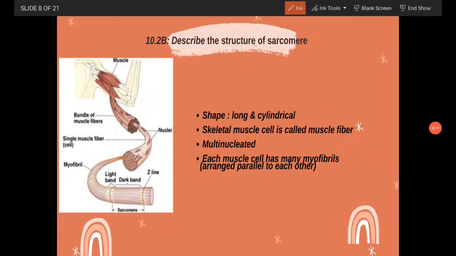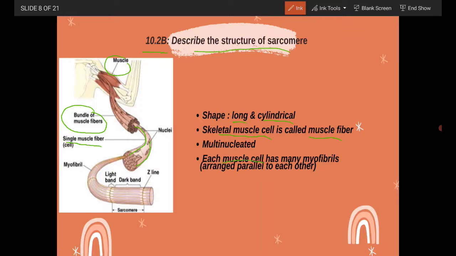The next one is 10.2b, which is describe the structure of sarcomere. So our muscle is long and cylindrical in shape. The skeletal muscle cells are called muscle fiber. So this is bundle of muscle fiber, and if we zoom in, this is the single muscle fiber or single muscle cell.